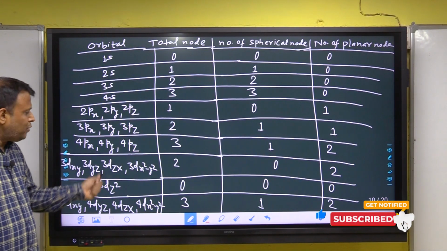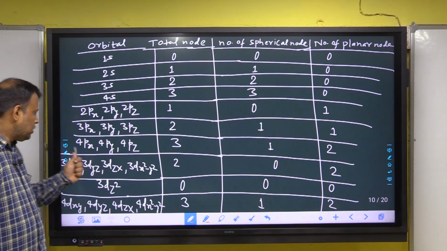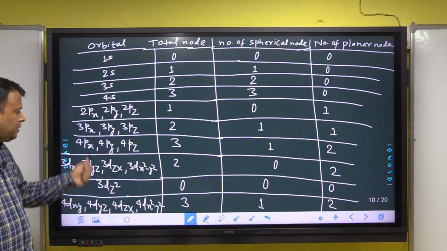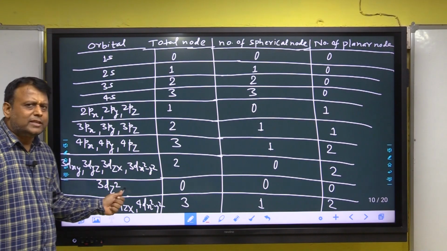Consider 3dxy, 3dyz, 3dzx, 3dx square y square.